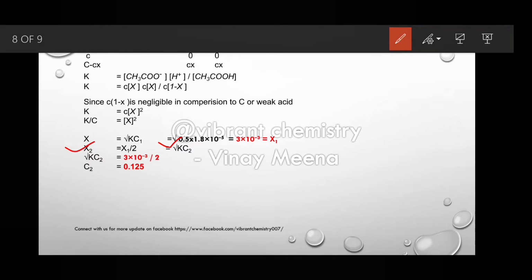If I put the value of X2 over there, under root of K into C2 equals 3 into 10 to the power minus 3 divided by 2, because X1 decreases by 2, so X2 will be equal to X1 by 2. By this I can calculate C2, and when I calculate C2, I get a value equal to 0.125.